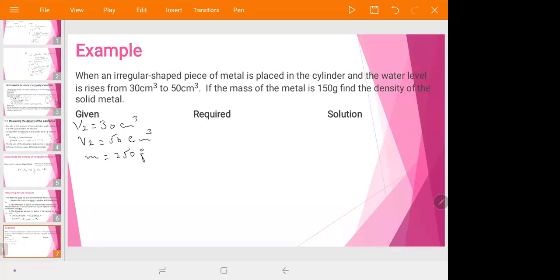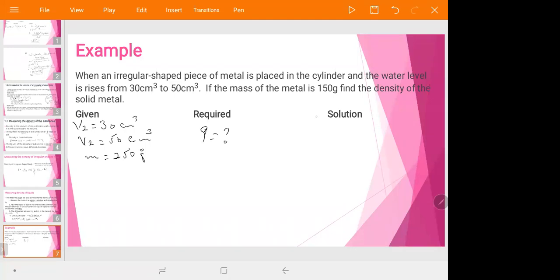In another question, it can be given in different units. For example, your mass may be given in kilogram. If your question asks you to change into gram, you must know the relationship between them. This one, we can calculate as it is. The required one is the density of an irregular shaped body.